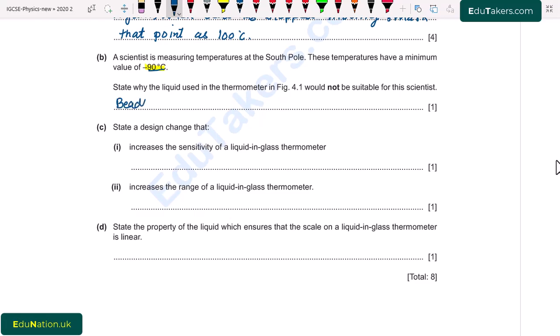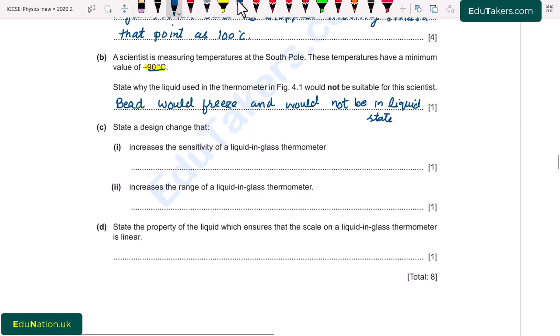So the liquid would freeze, the solvent would not be in liquid state. You have to complete this on just this line.